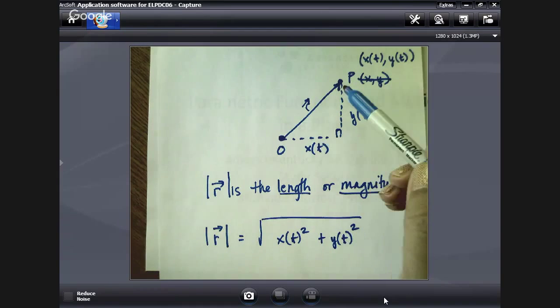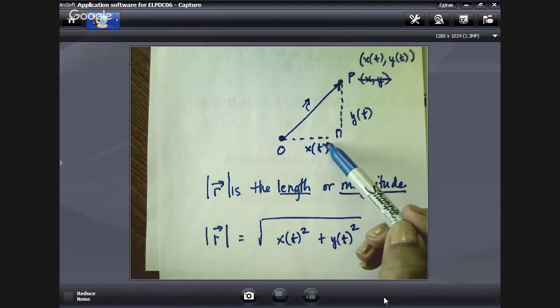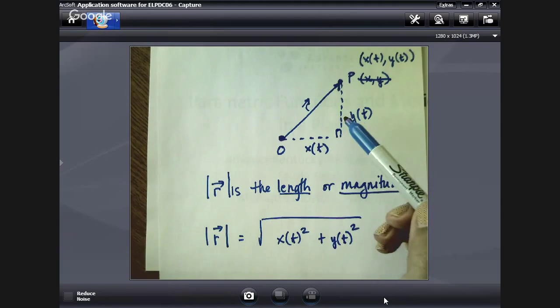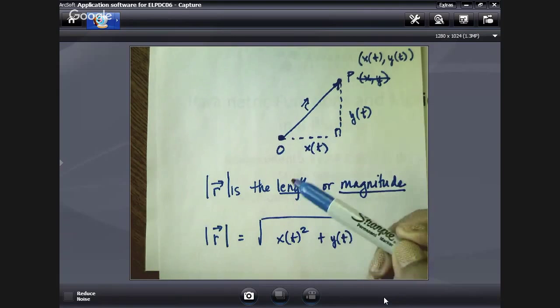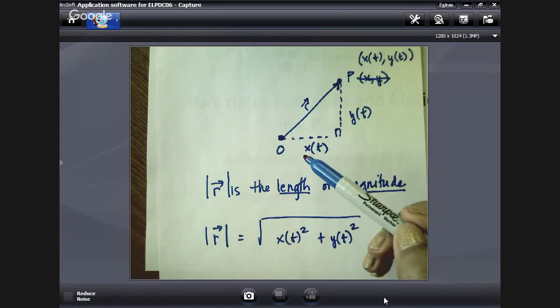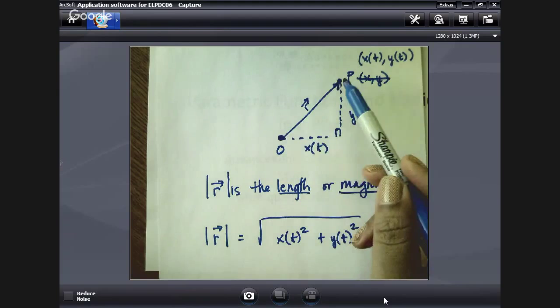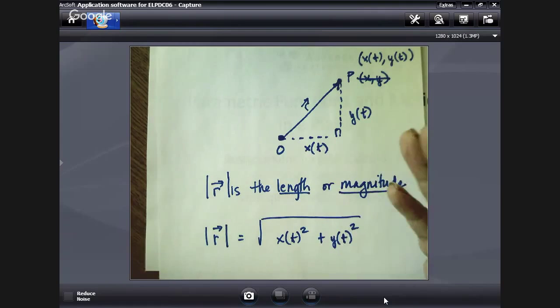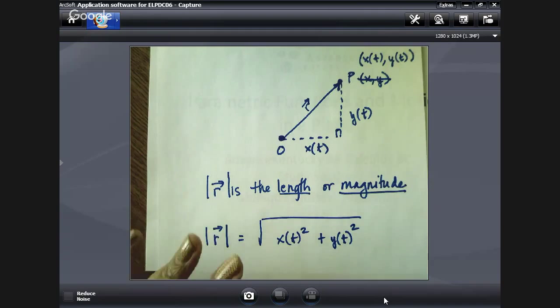I can express that location in terms of a vector where x of t is my horizontal component and y of t is my vertical component, and r is the magnitude of that vector between O and P. Notice that the arrow showed me what direction I moved in. That's the origin, and I ended up there. That length or magnitude can be given to me pretty much by the Pythagorean theorem. So here's a quick and dirty review.